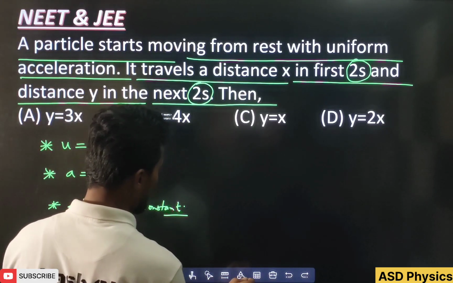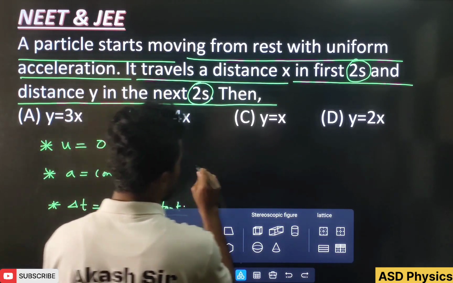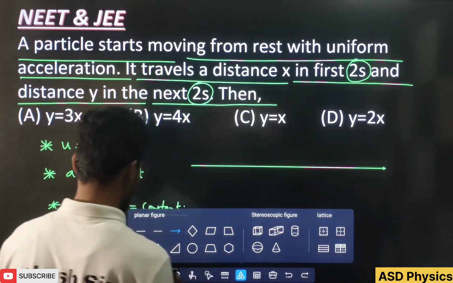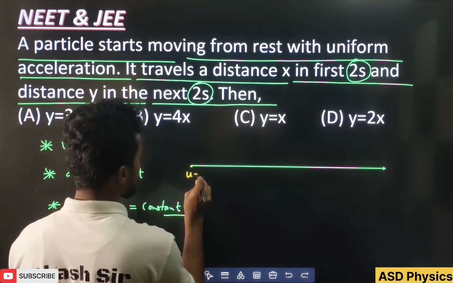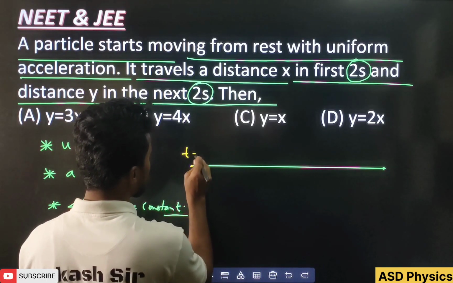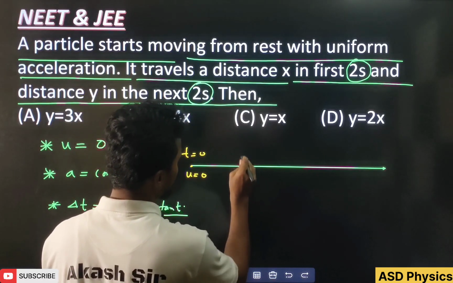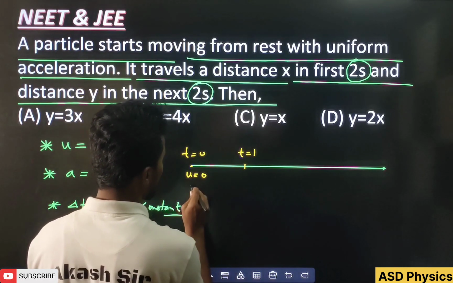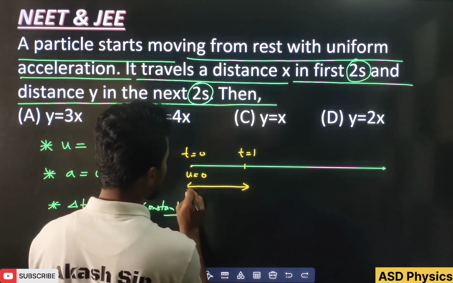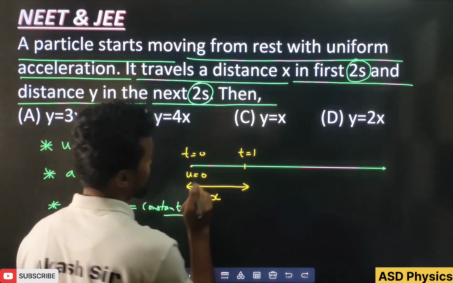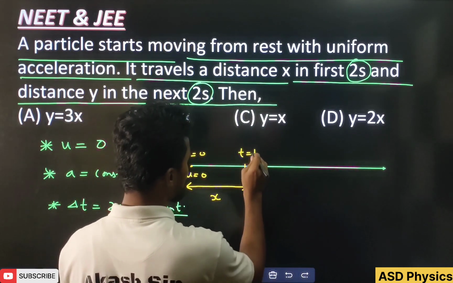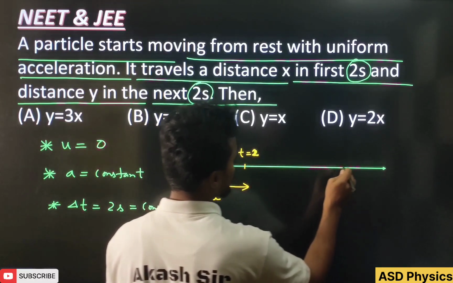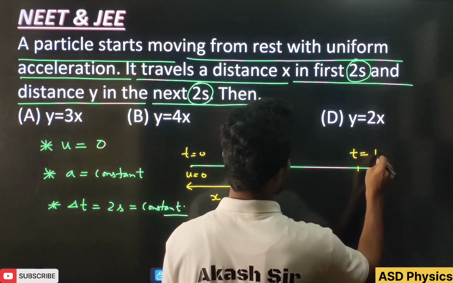Okay. So what will happen here? If I draw the diagram, it started from rest, u equal to 0, time t equal to 0. And let's take t equal to 2, in this it is traveling distance x. So when you go for the next 2 seconds, that means t equal to 4.